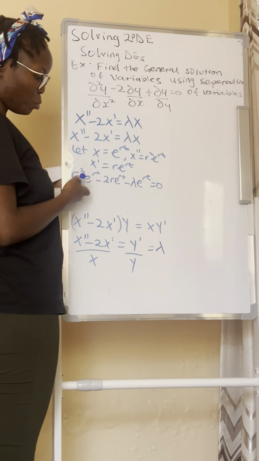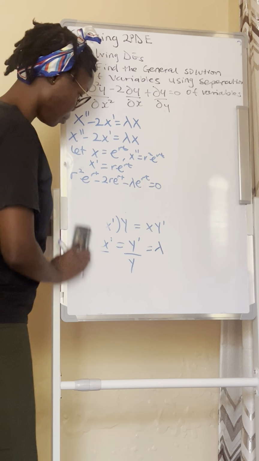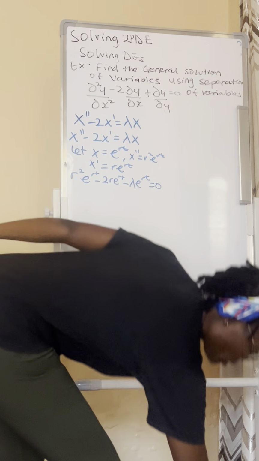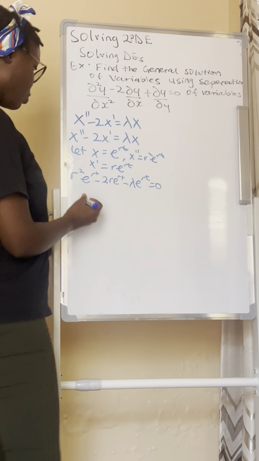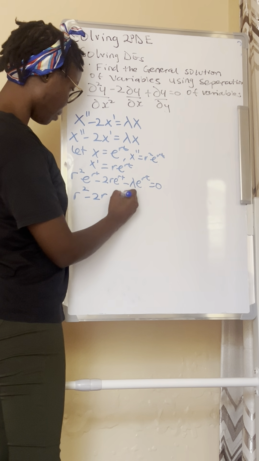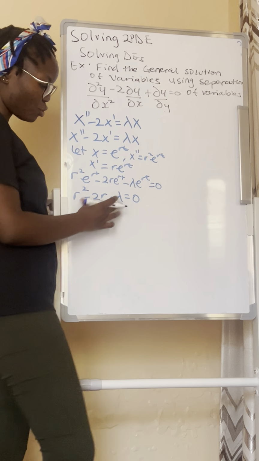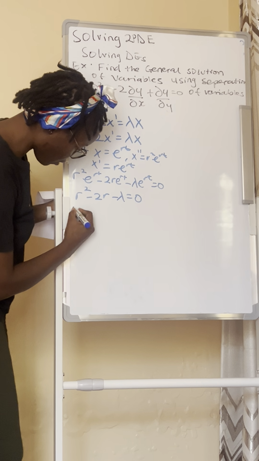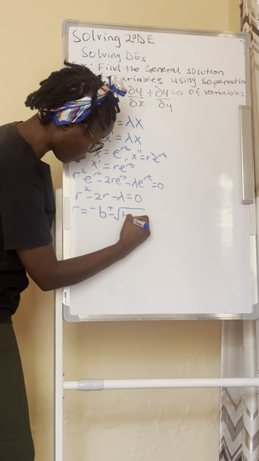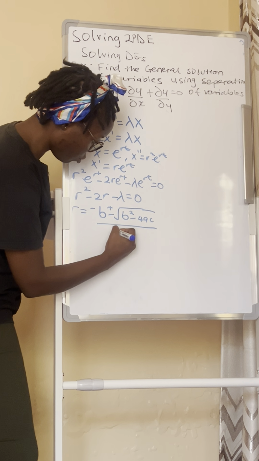When you factor out the exponential function, you come up with r squared minus 2r minus lambda is equal to 0. It's a quadratic equation. To solve this quadratic equation, remember the value of r is equal to minus b plus or minus the square root of b squared minus 4ac, over 2a.